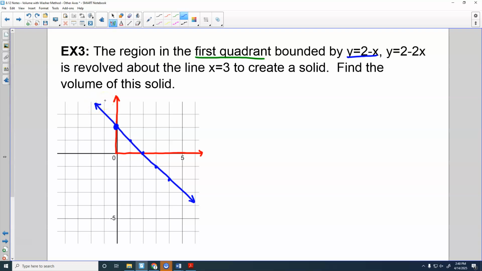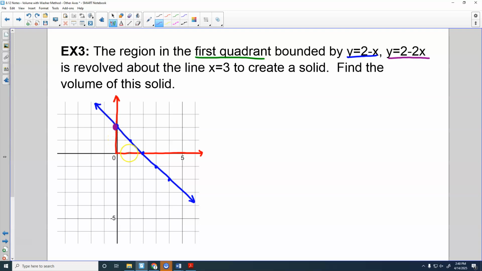And then I've got y equals 2 minus 2x. I don't know why I zoomed this way on this graph. It's not the easiest to see. I should have zoomed in more and not included all this negative part on the bottom. So I'm going to have y equals 2 minus 2x. So y-intercept at 2. What's my slope here? Negative 2.